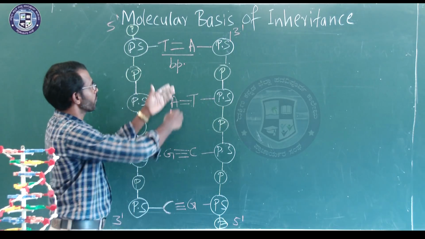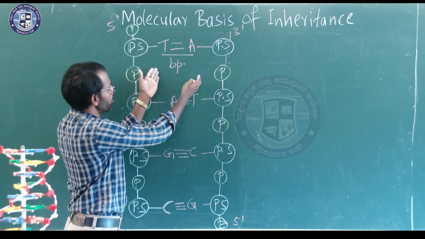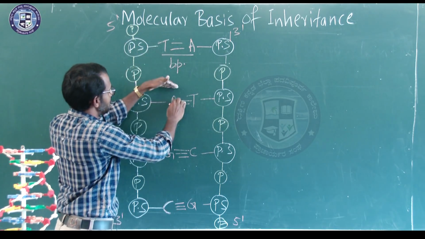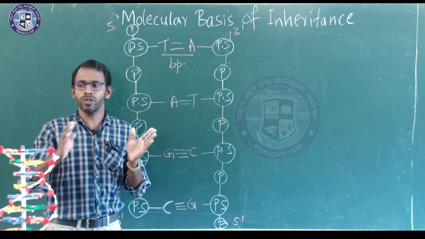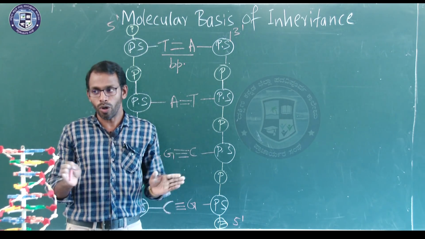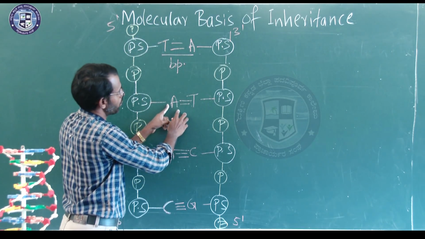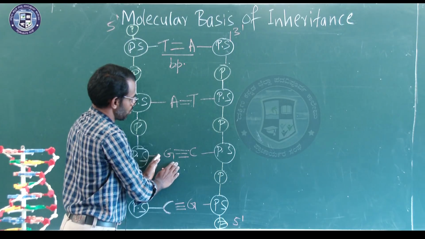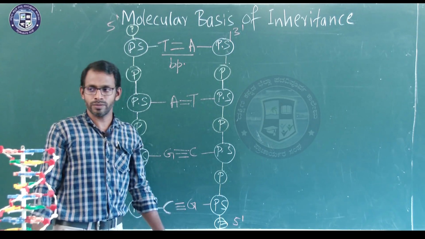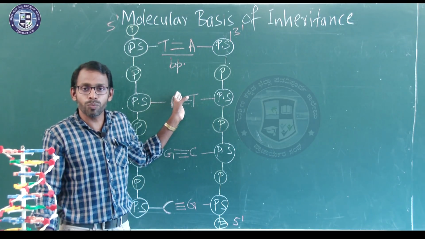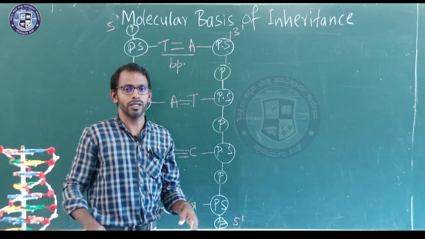Now there is no harm if I place only TA continuously 1000 times, or maybe TA for 10 times, then AT for 5 times, GC for 2 times, CG for 10 times. Now you see, this is the beauty of the DNA strand.